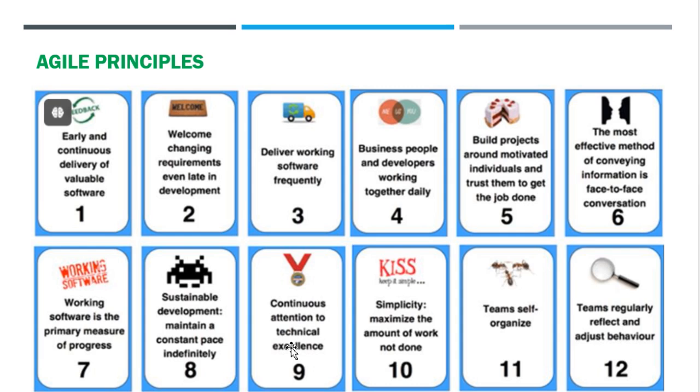The last principle of Agile is that at regular intervals, the team reflects on how to become more effective, then tunes and adjusts its behavior accordingly. Let me explain with an example. A runner who evaluates their performance after each race and adjusts their training based on what worked or didn't will continuously improve.